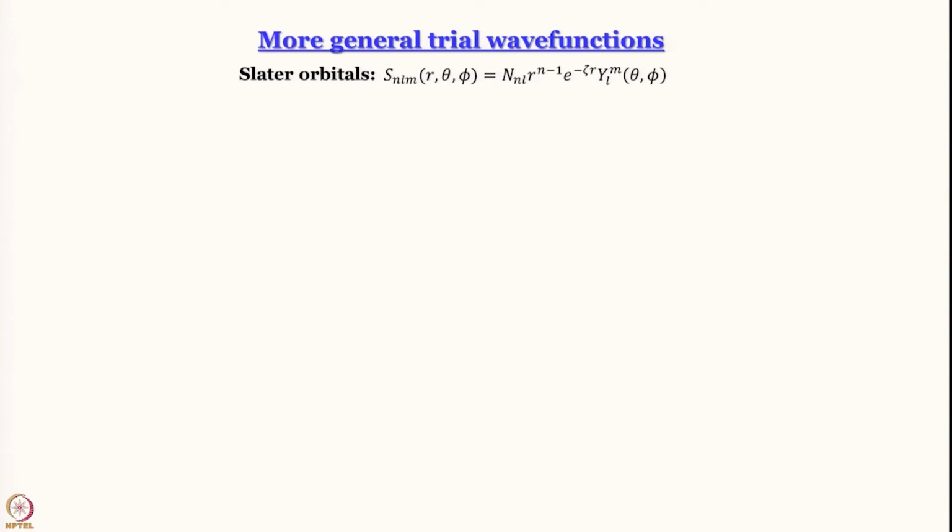So, now what we do is we start thinking of more general trial wave functions. Remember our previous discussion of variation method, we had said that you can actually use any function to construct the wave function that is there. Remember the elephant that I showed in the opening slide. Okay.